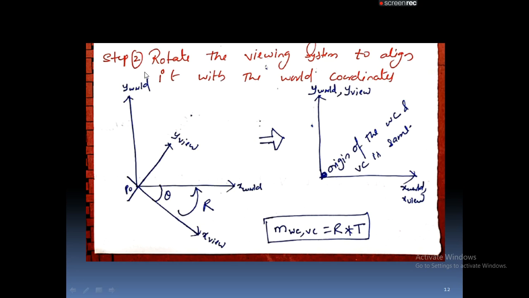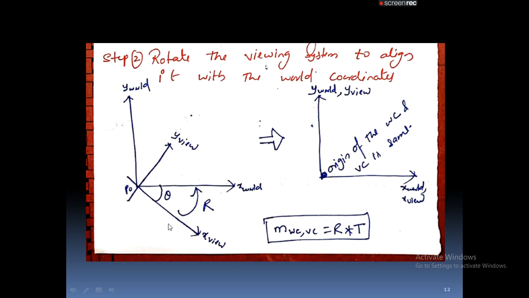After performing translation, step 2 says to rotate the viewing coordinate system to align it with the world coordinate. As you can see, this is our world coordinate and this is our viewing coordinate.